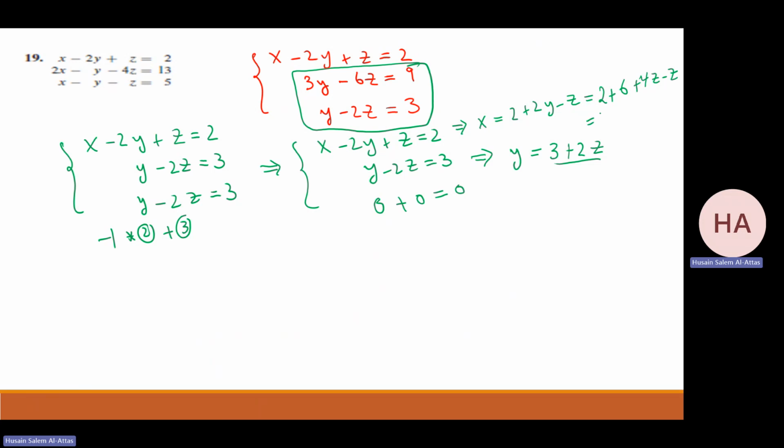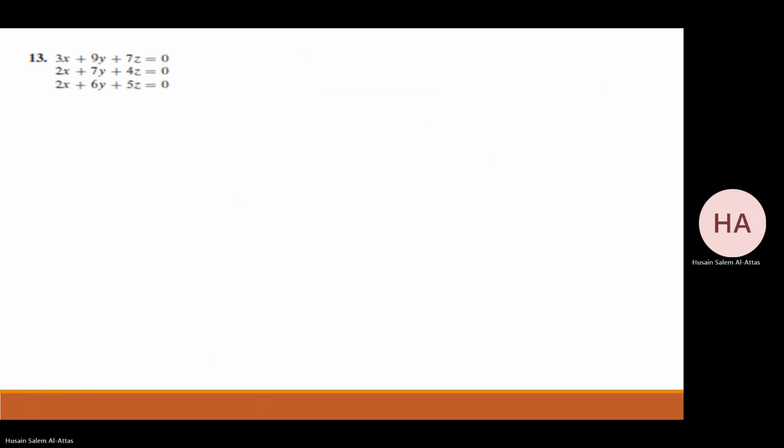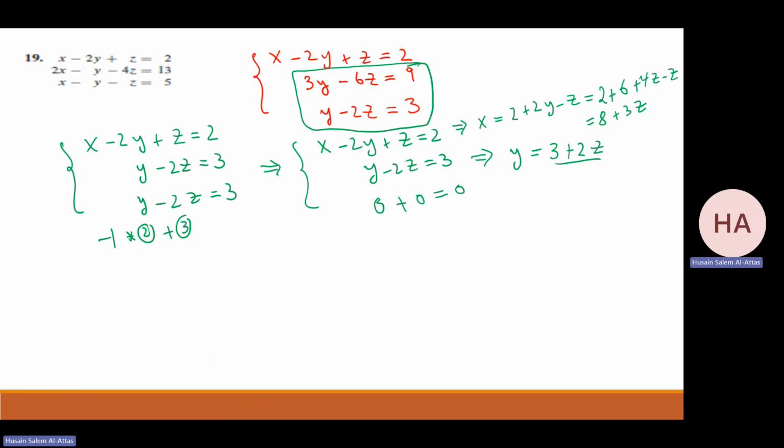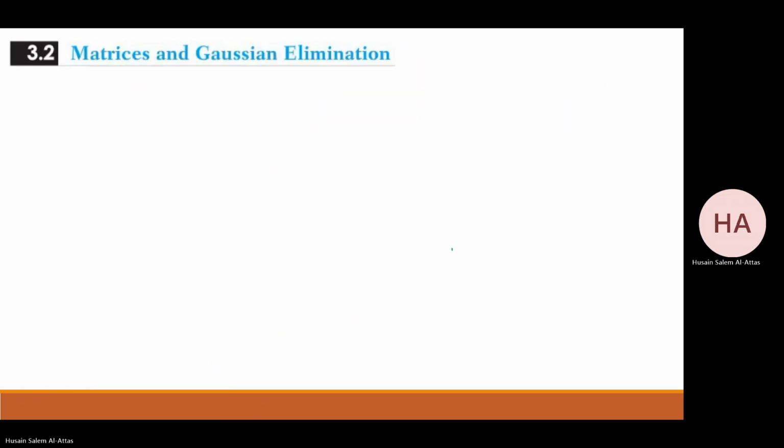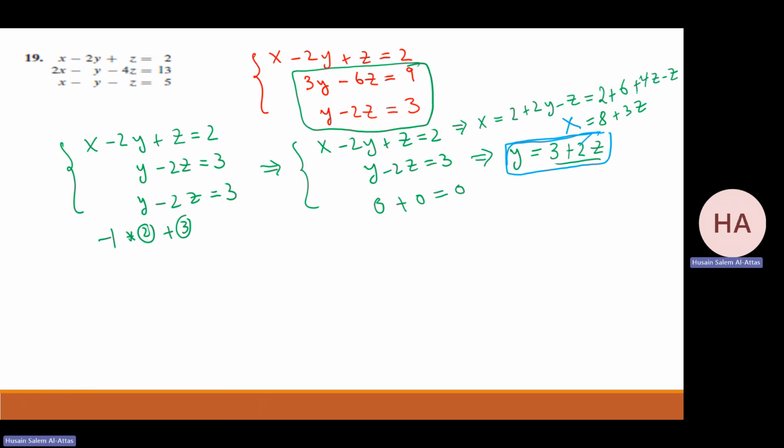So it is 8 plus 3z. So I'm getting y equals 3 plus 2z, and x equals 8 plus 3z. But z can be any value. There's no restriction on z.